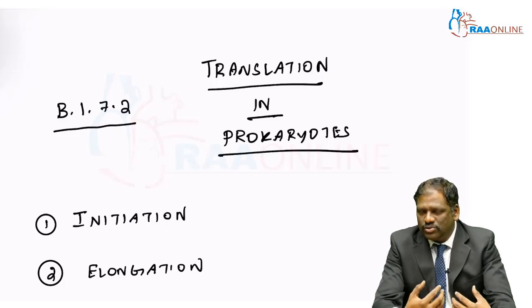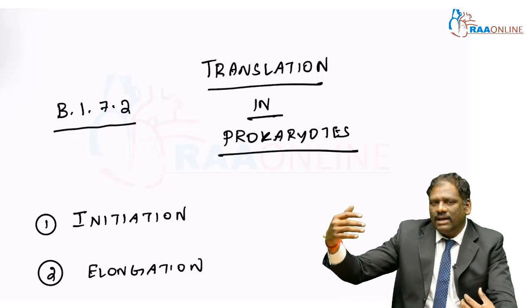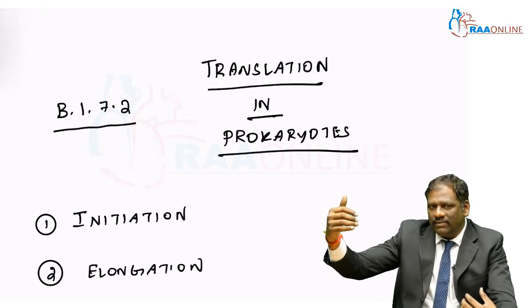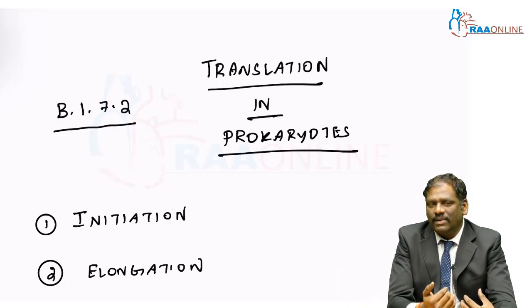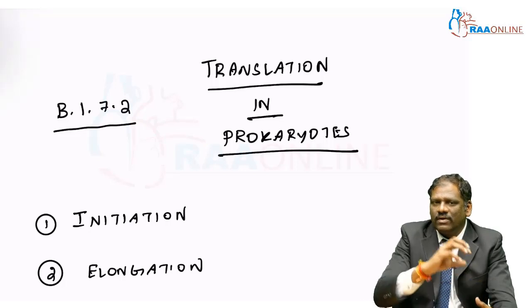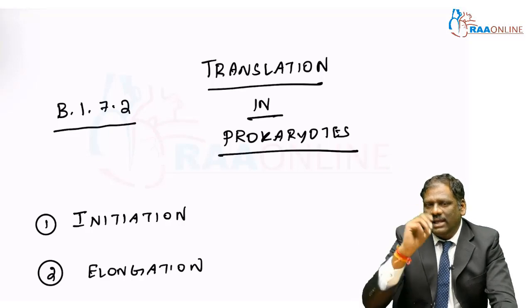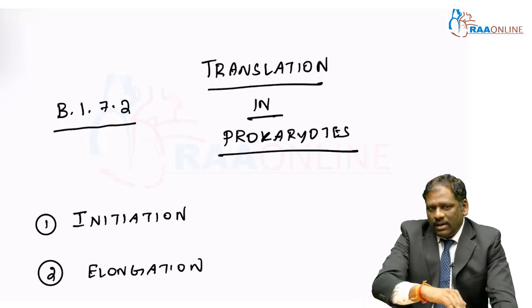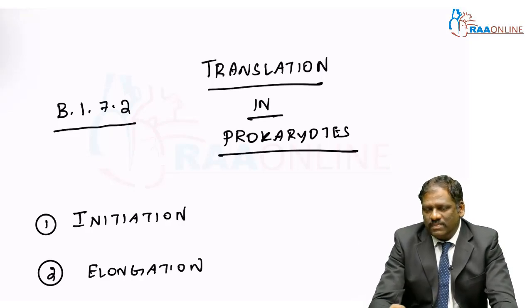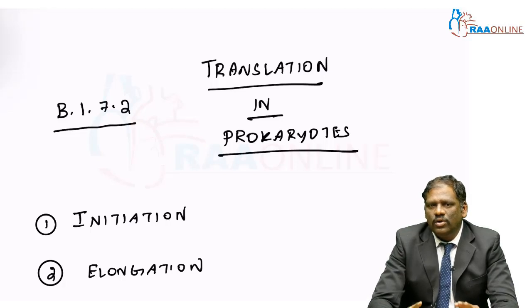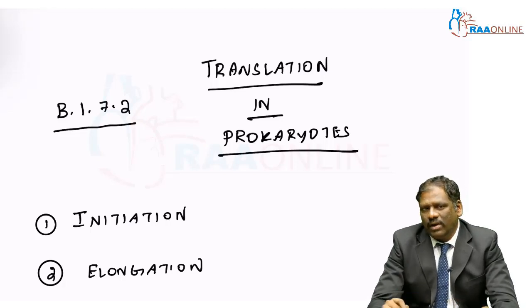Through the dihydrouridine arm, the tRNA recognizes this amino acid, and the amino acid sits on the 3' end of the tRNA according to the anticodon present on that tRNA. Until this point, it is common for both prokaryotes and eukaryotes.